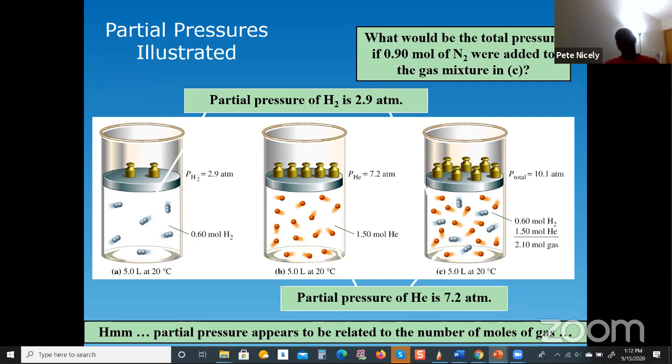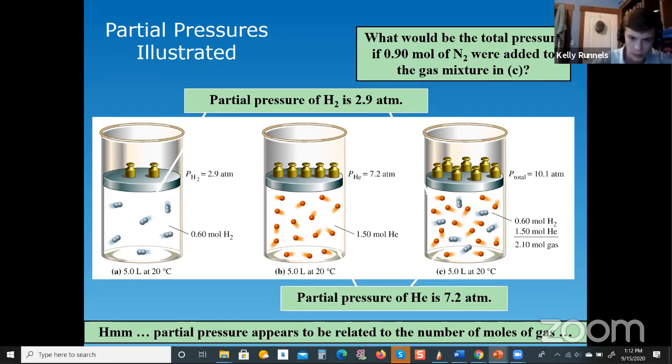Well, first I would add the moles of nitrogen, which would give 3.0 moles altogether.